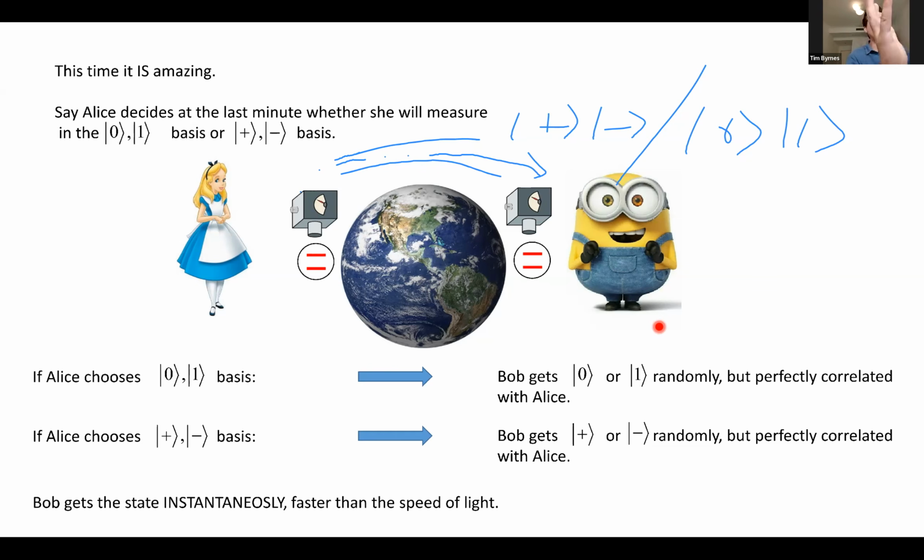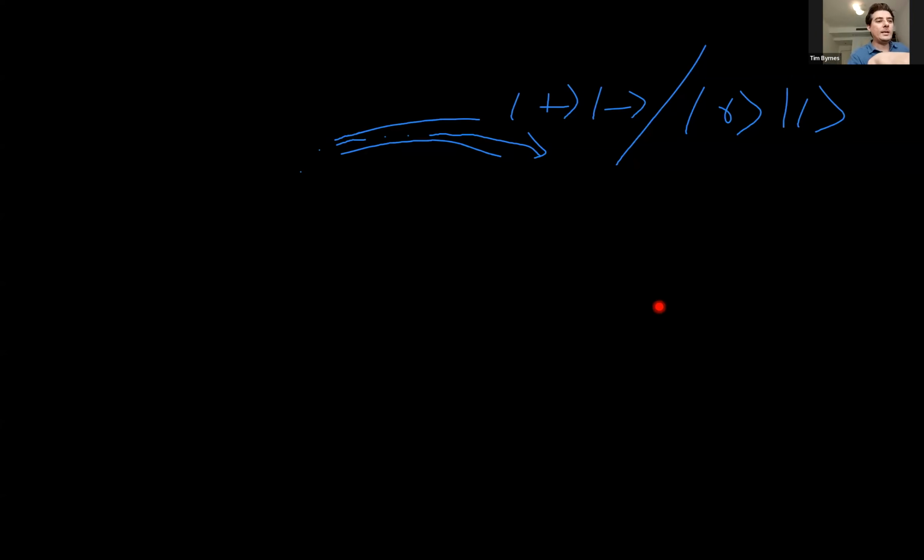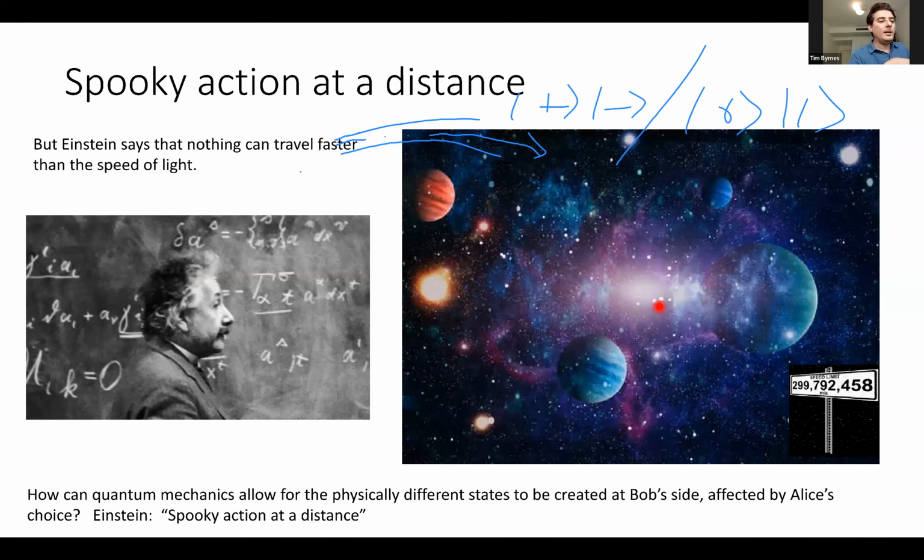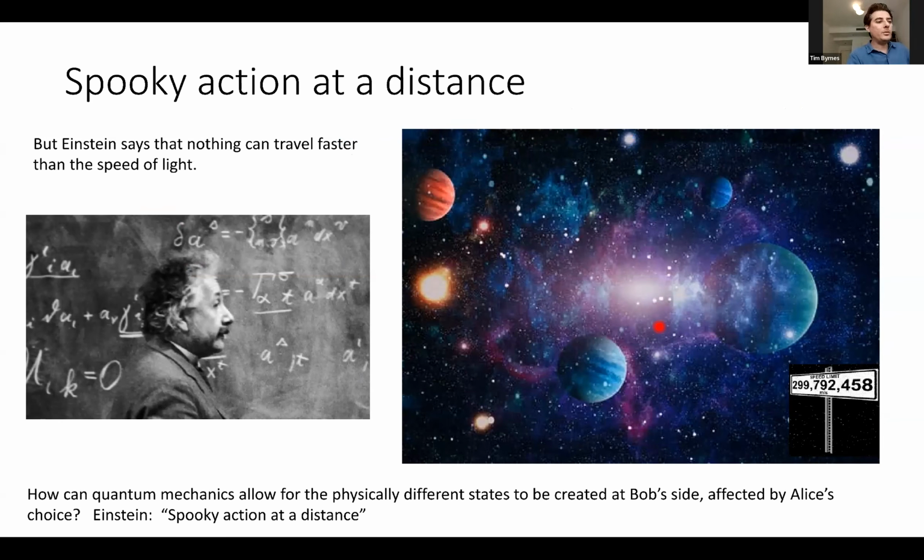It seems like you're doing something that's actually kind of impossible, because we know from Einstein's theory of relativity that basically nothing travels faster than the speed of light. And so this is what Einstein was calling spooky action at a distance. So Einstein said that basically nothing can travel faster than the speed of light, yet it appears that quantum mechanics has this ability.